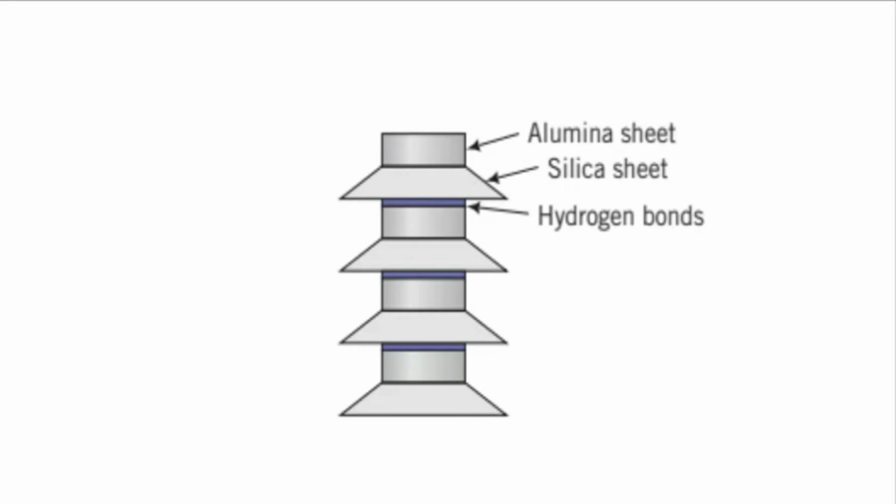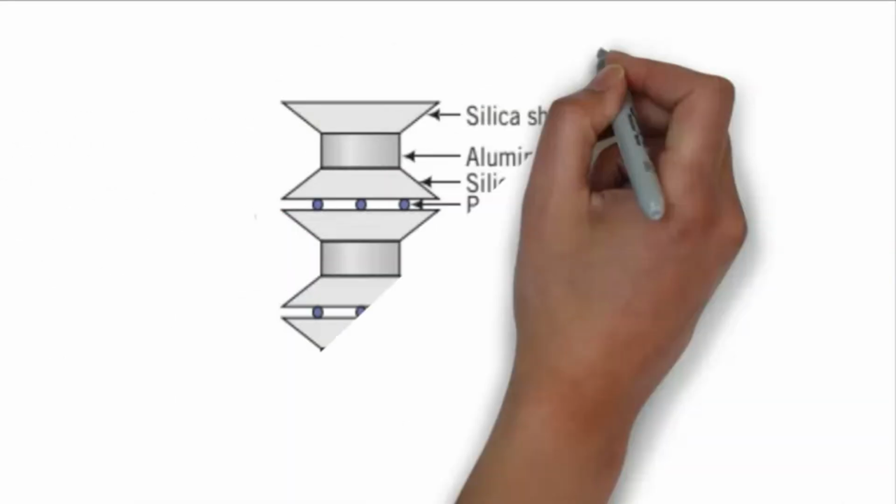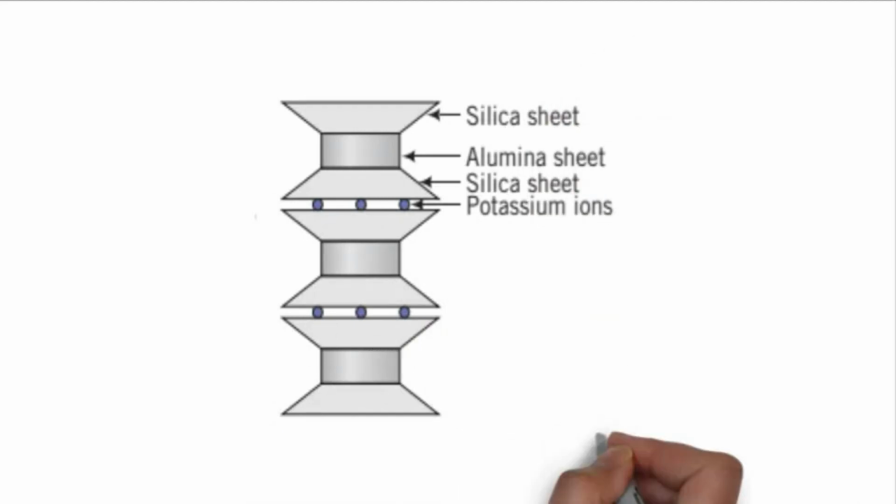Next is illite. In the illite and montmorillonite clay minerals, we have a 2:1 ratio, where 2 silica sheets have the alumina sheet sandwiched in between them.